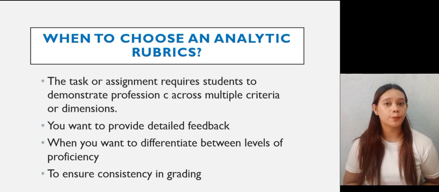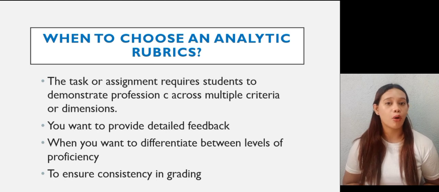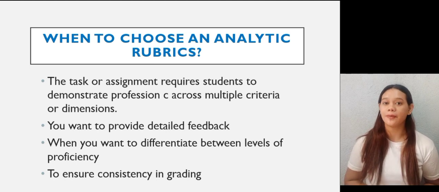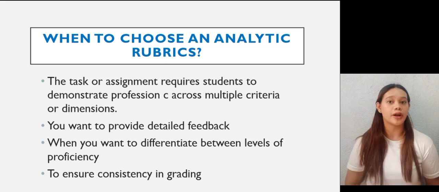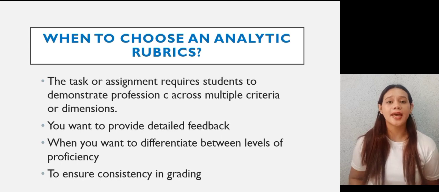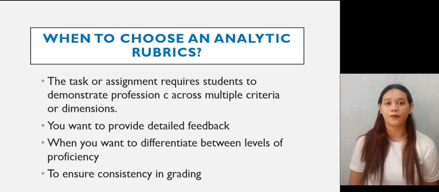Another is you want to provide detailed feedback. The analytic rubric allows for more detailed and specific feedback than holistic rubrics, as it breaks down the assessment into separate criteria. This can be particularly helpful for students who are looking to improve their performance. The next one is you want to differentiate between levels of proficiency.